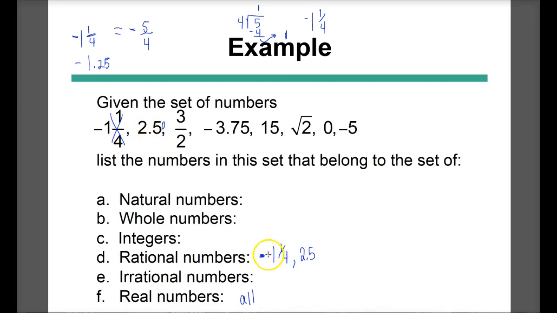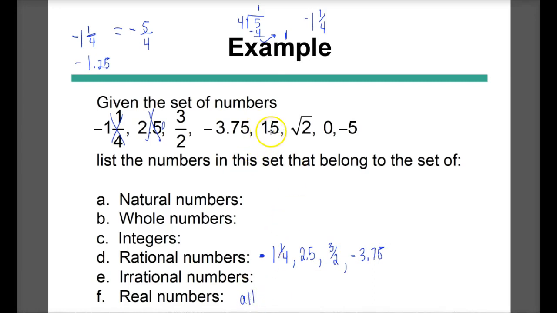So we just have to leave it at that. So for the next one, 3 over 2, or 3 halves, we know that this is a number that can be written as a fraction. So again, this would be a rational number as well, and a real number. Negative 3.75, this is a terminating decimal number, so we would definitely call it a rational number, and of course it'll be a real number.